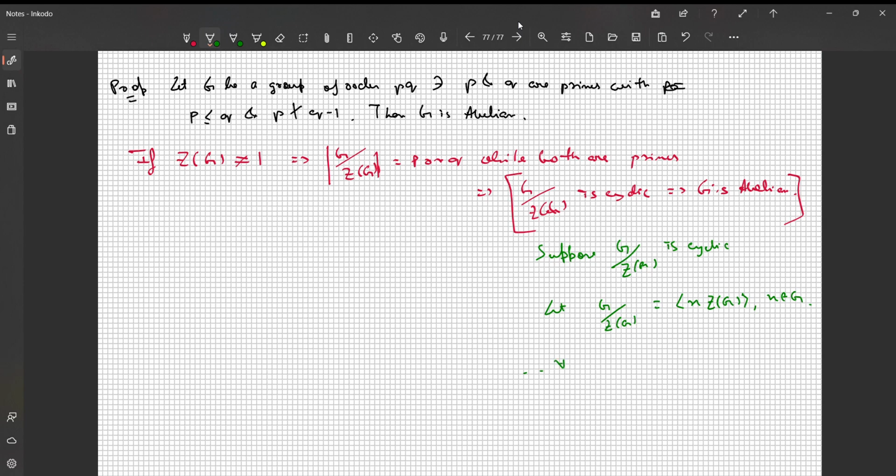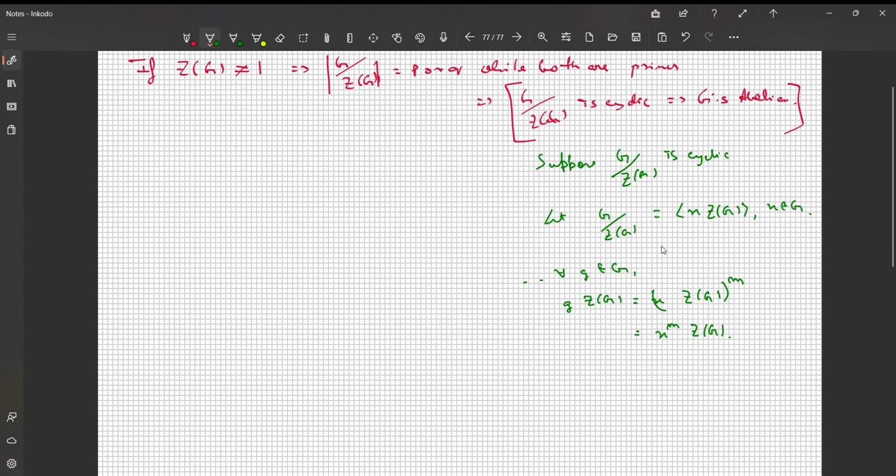Therefore, for all g in G, the element g ZG can be written as x ZG whole to the power m, but that is by definition x to the power m ZG.